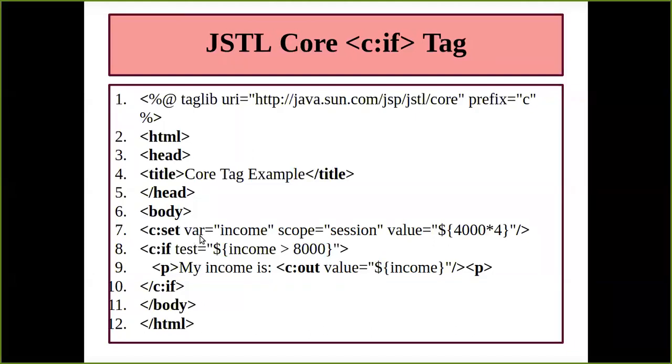We have an attribute called var, which is going to create a variable. We are deciding the scope for that variable also, that it is going to be live for the whole session. We are passing the value for that variable, that is your 4,000 into 4, an expression language. It is your 16,000. Now this is going to be the value of your variable called income.